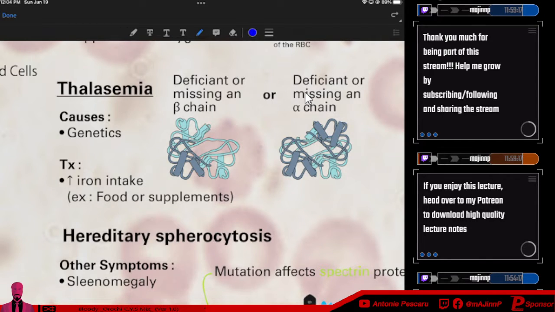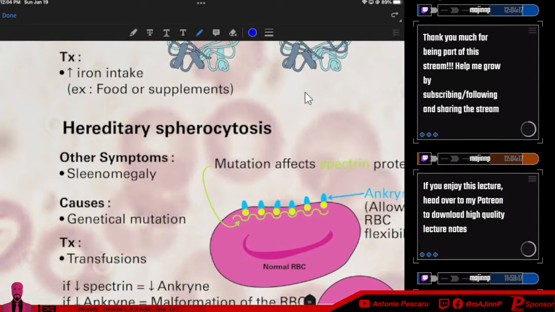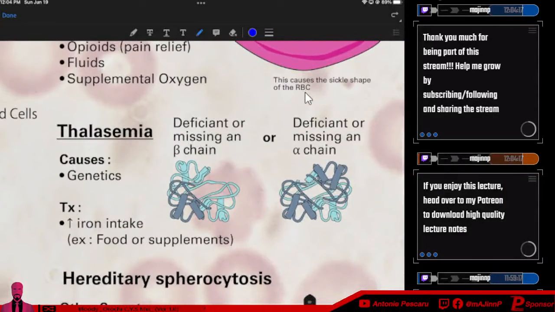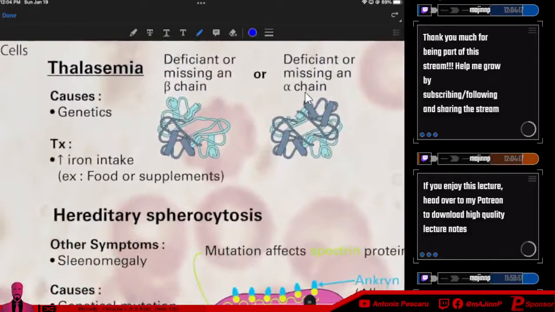Usually it's by genetics, and the treatment, honestly, is just more iron intake or food supplements. You won't have enough space for another chain, and you're not going to have enough oxygen going through. But it's not that bad compared to the other ones that I've just explained.